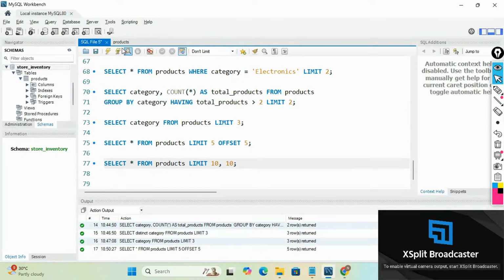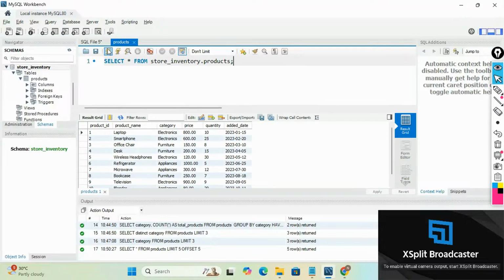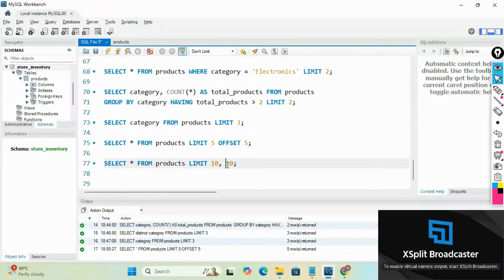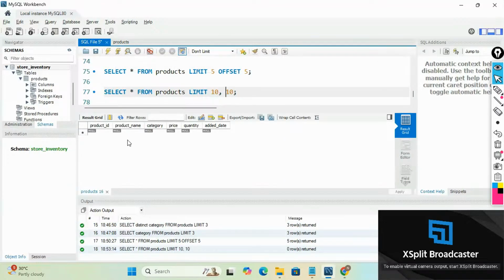No. We have only 10 records. If the first 10 records got skipped by offset, how many records should it return? It will return nothing, because there is no data left in the table. Done.